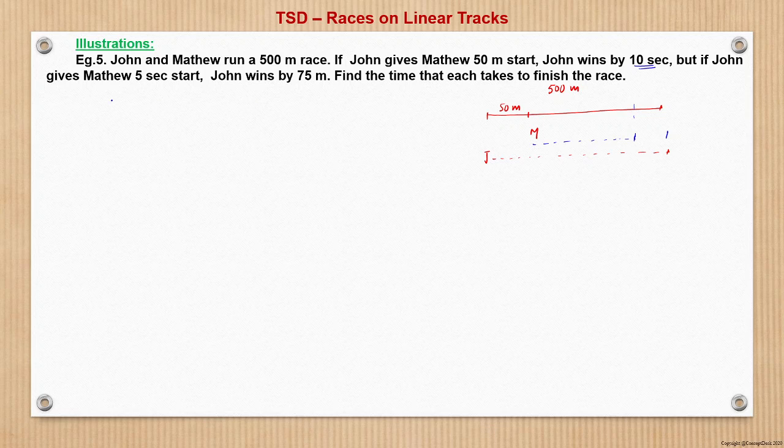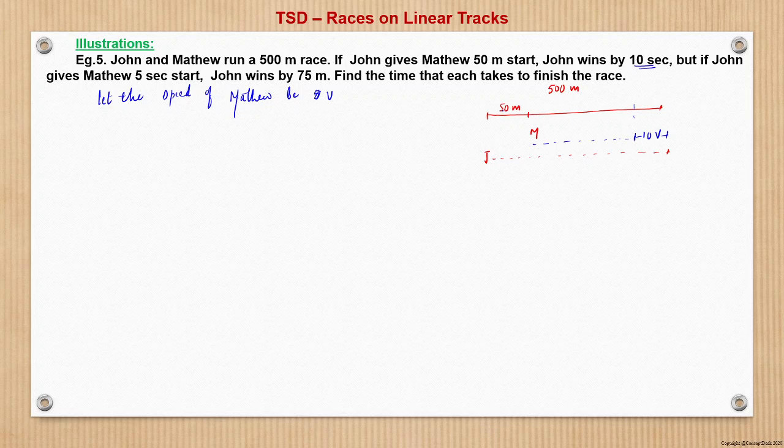So let the speed of Matthew be v. So basically this is nothing but 10v distance, right? Because this distance is the distance covered by Matthew in 10 seconds, which is 10v.